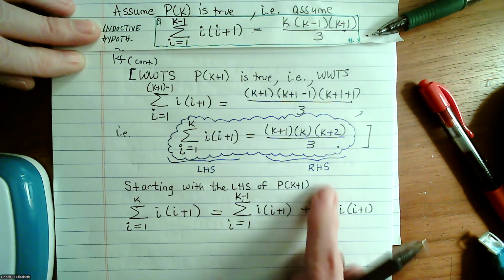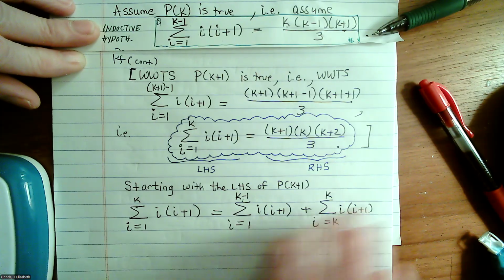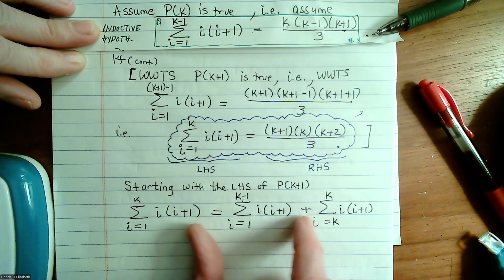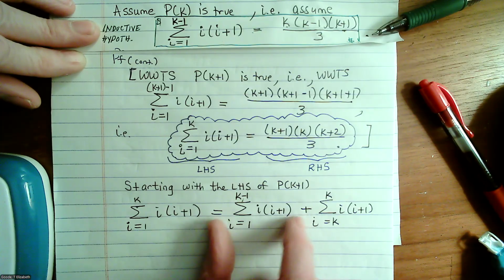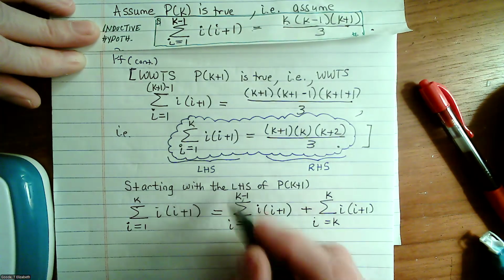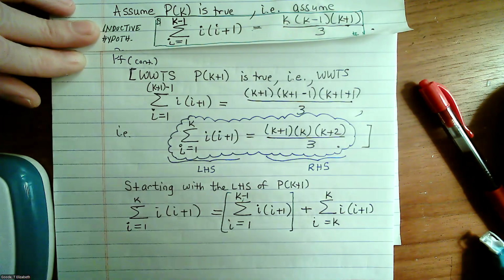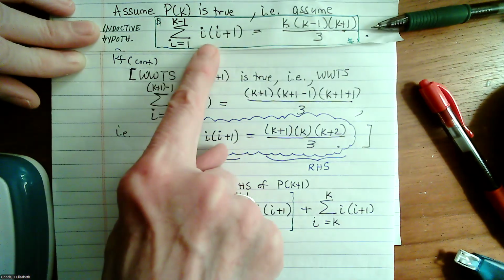Yeah, I see it. We've broken off the last term, kind of split it apart. But the reason we did it is because we know something about the sum from i equals 1 to k minus 1 of i times i plus 1. We know something about this. That's P of k. It's the left-hand side of P of k.